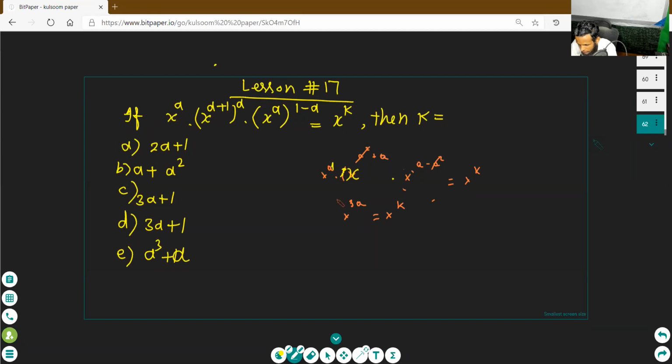Wait, I have written one option wrong. This is 3a. Clear? Which option is correct? Find the x value. When bases are same and powers are equal, k is equal to 3a. It's clear? Okay, now we do the next question.